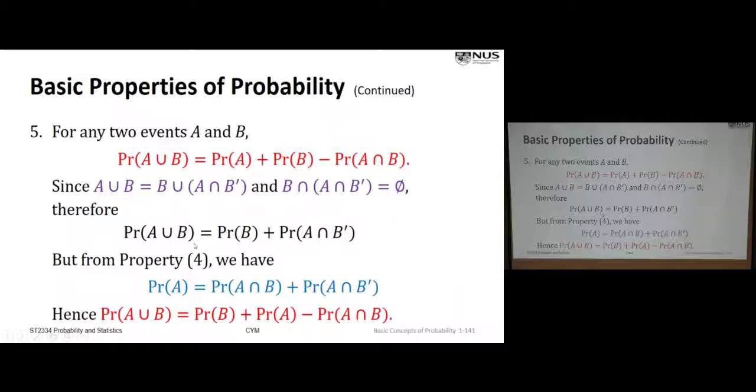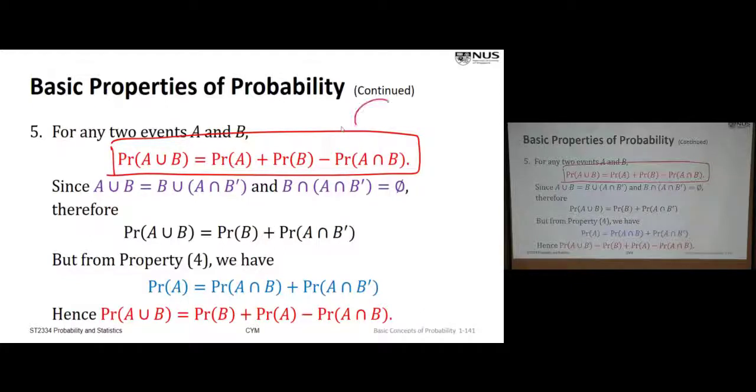Now this is the most important among all that we discussed so far. The probability of A union B is not simply the sum of probability A and probability B, because by doing so, we double count, or include something more than just A union B. Why?